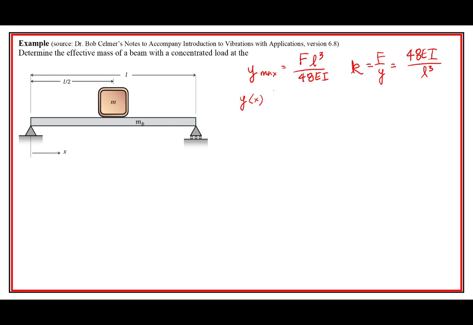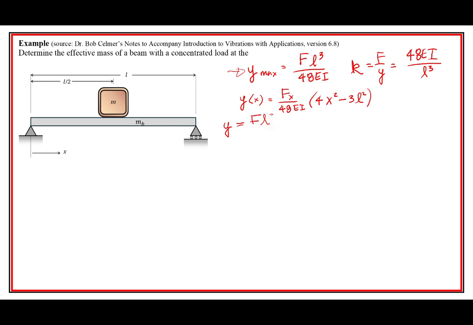So Y as a function of X is written out as Fx over 48 EI times 4x squared minus 3L squared. Let's try to make the left-hand side look a little like this maximum. I'm going to leave off that x, distribute it back through, and get that L cubed in there.